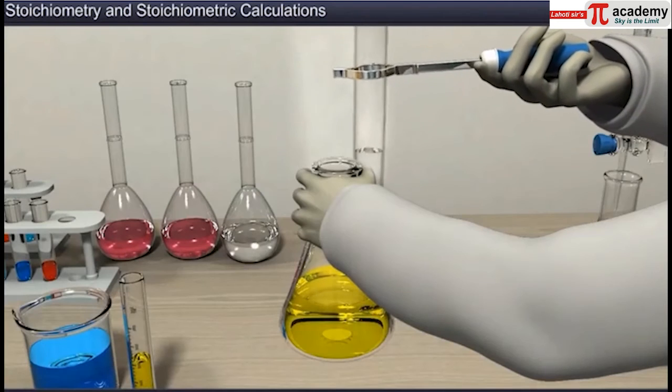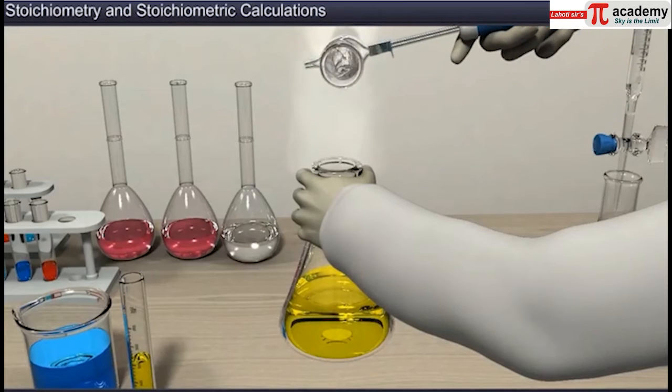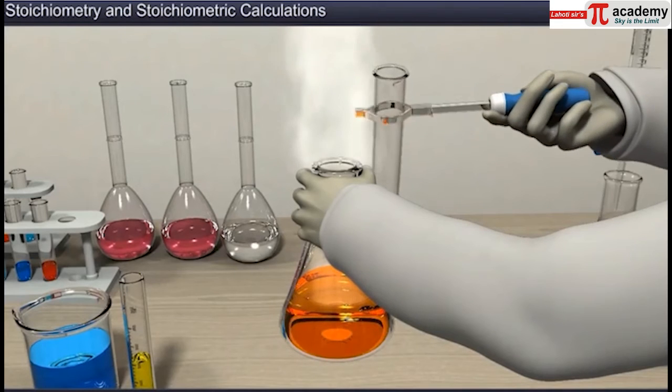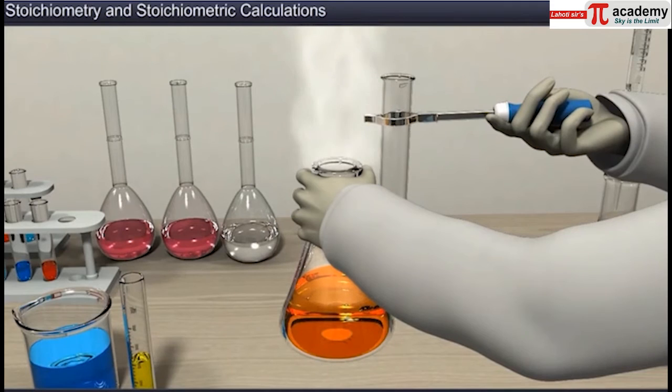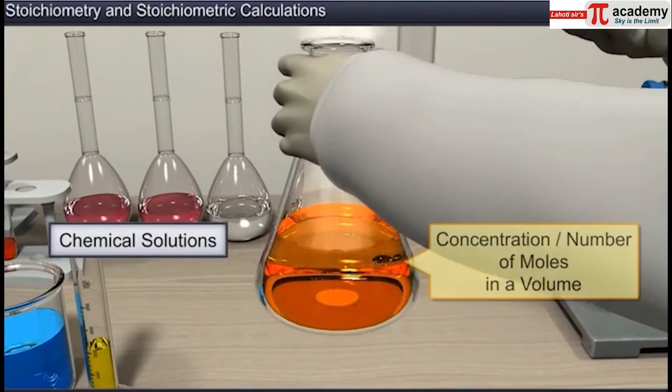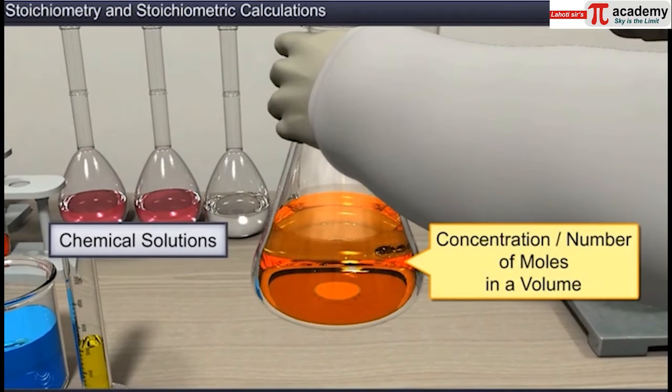Most chemical reactions take place in solutions. Hence, we need to understand how to apply stoichiometry to reactions in solutions. For solutions, we need to know the concentration, that is, the number of moles present in a certain volume of solution.